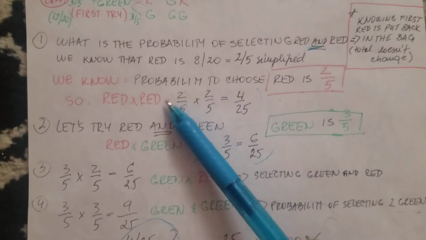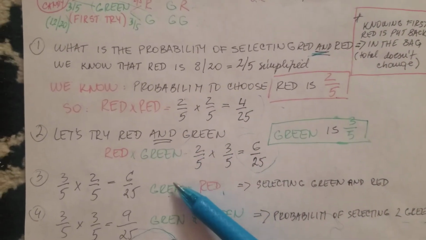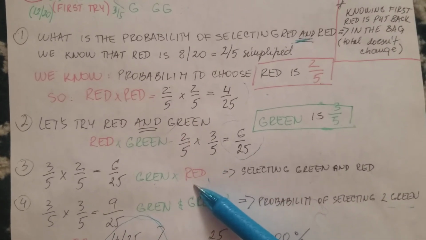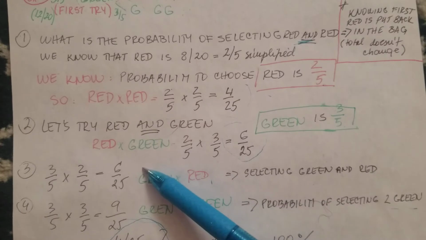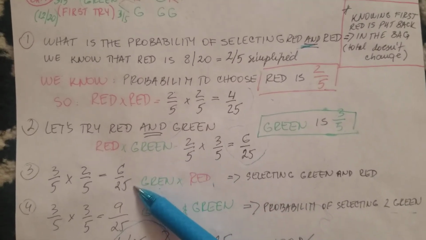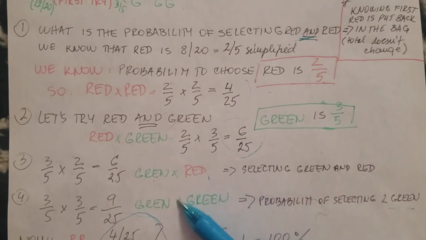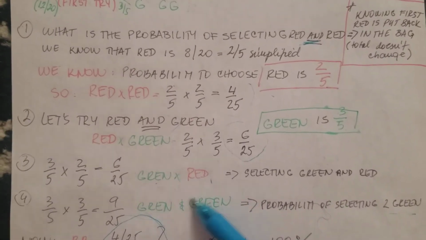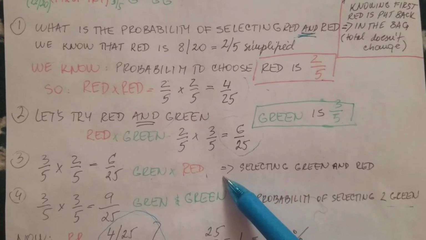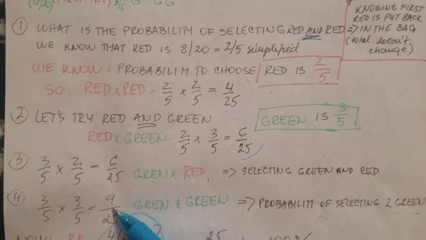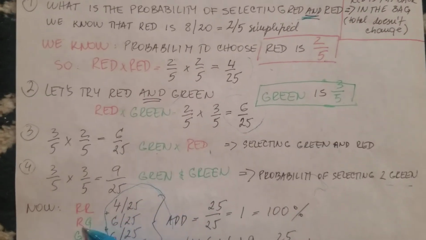Now we can do that with all the possible scenarios. We can also pick green on the first try and red on the second try, which will be the same as red and green, 6 over 25. And we can pick green on the first try and green on the second try, which will be a probability of 9 over 25.